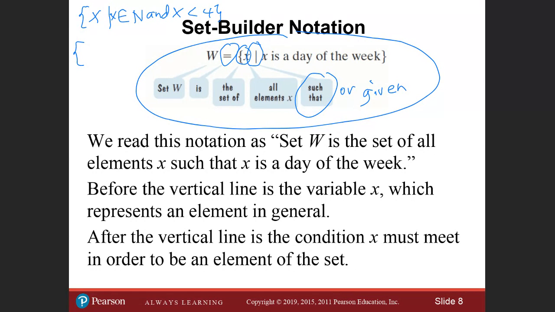So we start with 1 because that's less than 4. That's the first element. Then the second one is 2, and then 3 because that's less than 4. So that's the roster method. The first one is in set builder, and the second one is the roster method. Try to see the difference between the two.